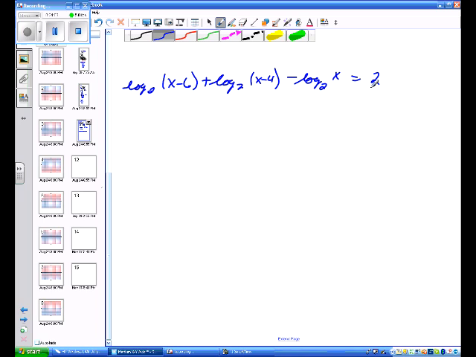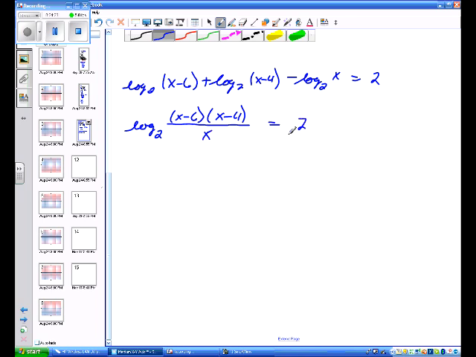Well, I've got some sums and differences of logs, so I could write this as a single log. For the plus, that would be times, so this would be log base 2 of x minus 6 times x minus 4, minus would be divided by x, and that equals 2.